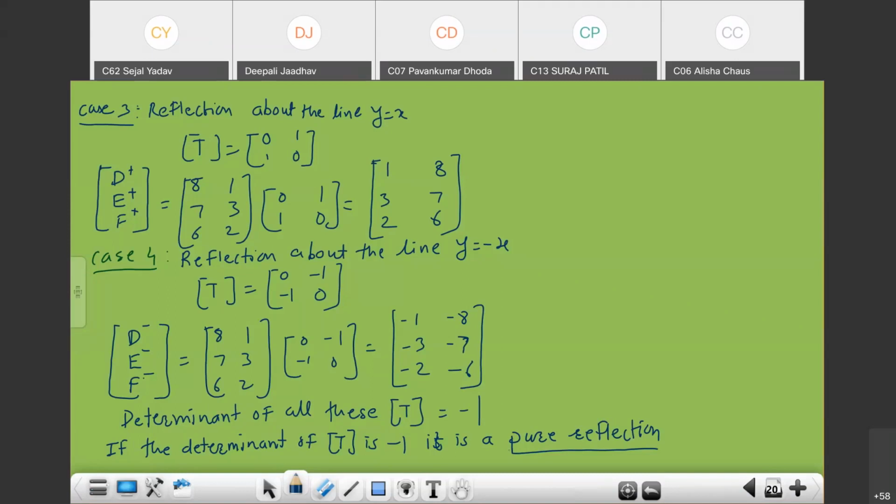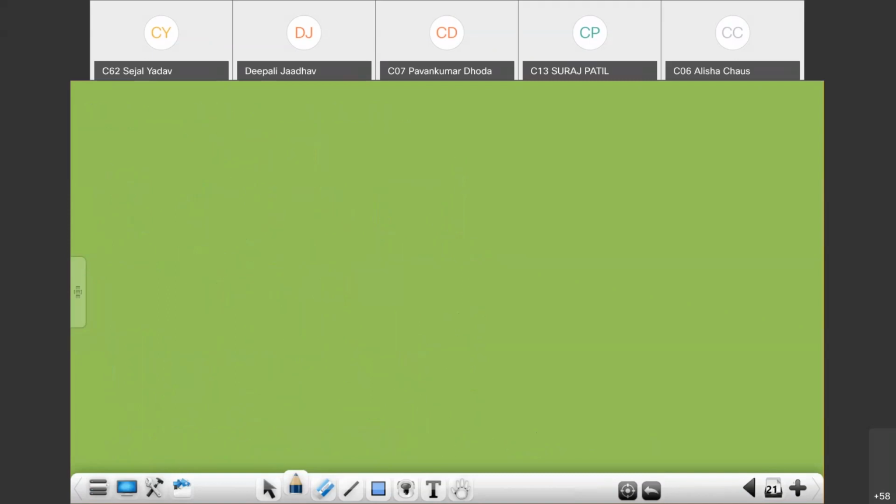Now the next point that we are going to see, combined reflection generates rotation. If we combine two reflections together, then it generates the rotation.